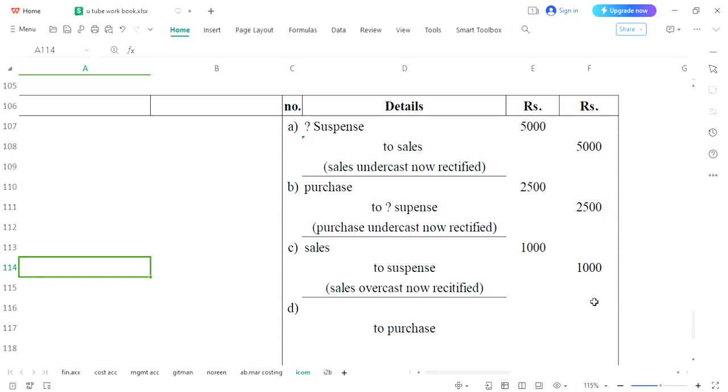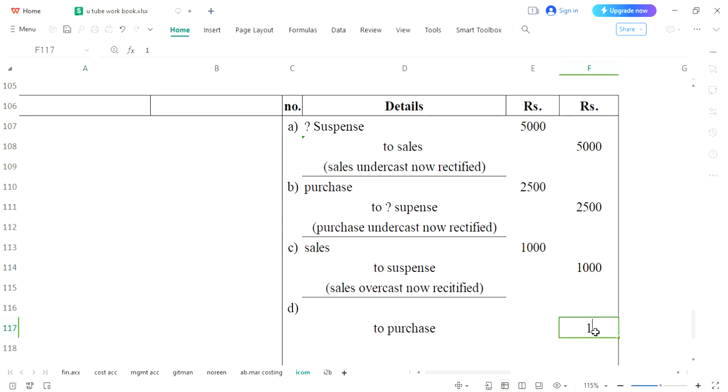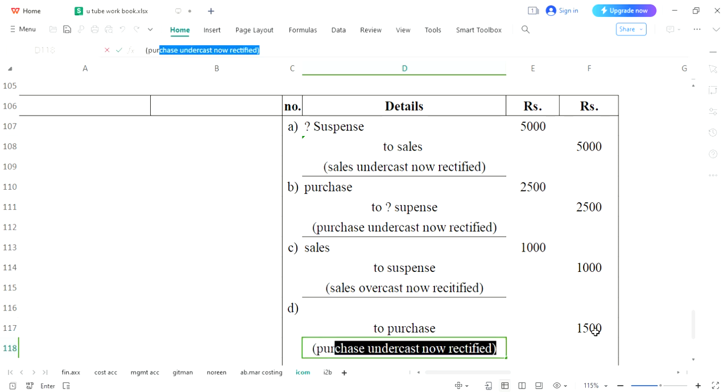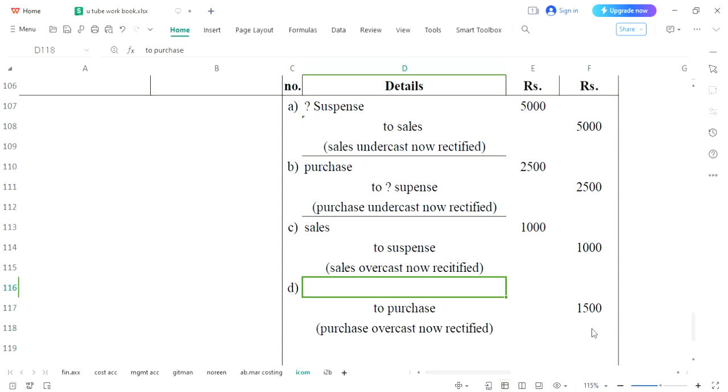You will be posting 1500 over here, and now you will write the narration, purchase overcast, now rectified. As usual, we will add two words, now rectified. So guys, there was only one mistake, and that mistake was rectified.